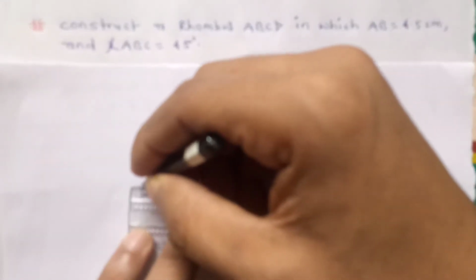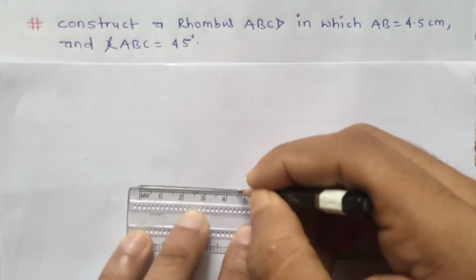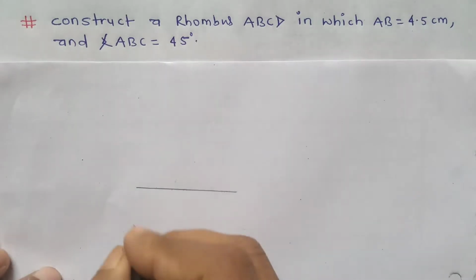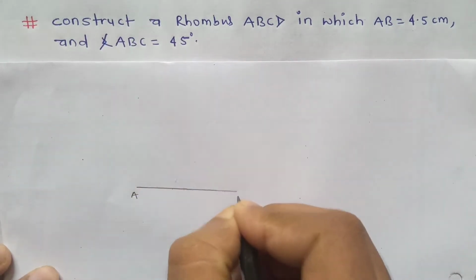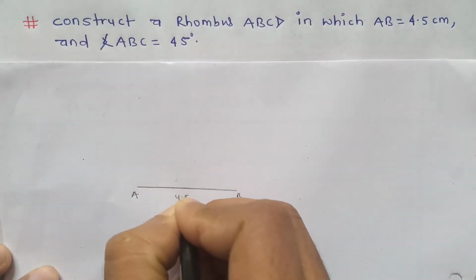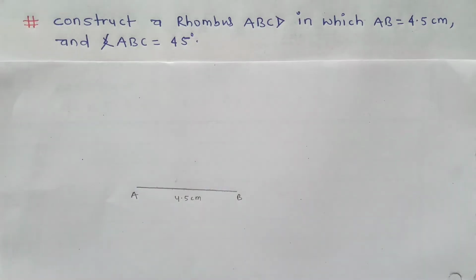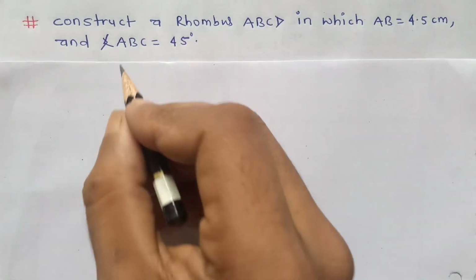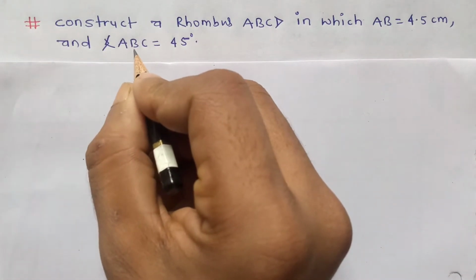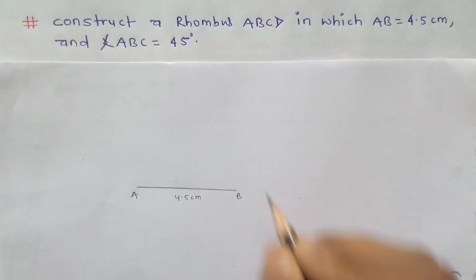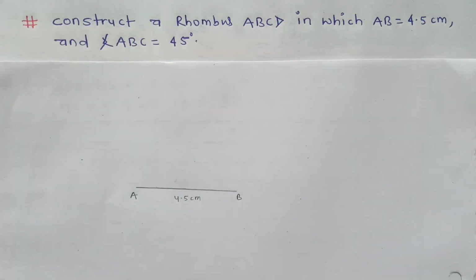Now I am drawing a line of 4.5 centimeter. Clear? So here is the line AB, which is 4.5 centimeter.